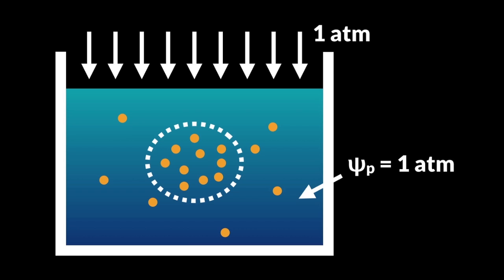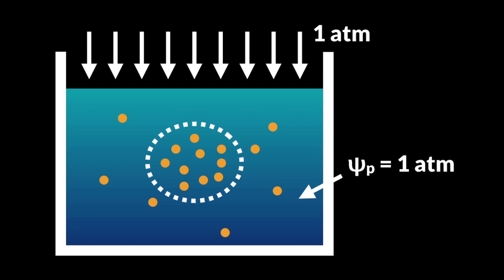This is not a pressure based on solute concentration. It's a mechanical outside force acting upon the system, and any force like that we call a pressure potential. So the pressure potential of the solution on the outside is 1 atmosphere.